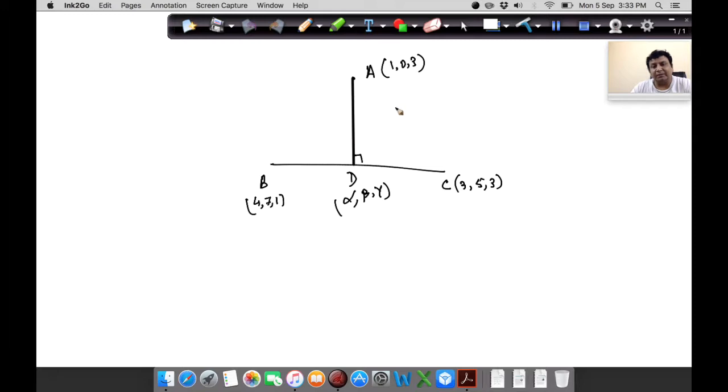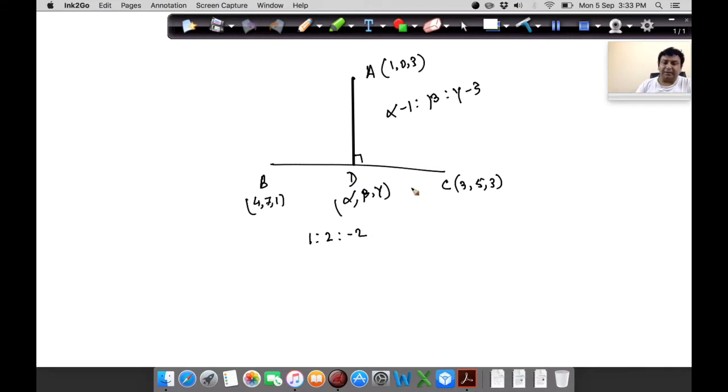So the direction ratios of AD will be alpha minus 1, beta minus 0 and gamma minus 3, doing D minus A. Also, the direction ratios of this line are nothing but 4 minus 3, or 3 minus 4, you can take either. So 4 minus 3, 7 minus 5 and 1 minus 3.